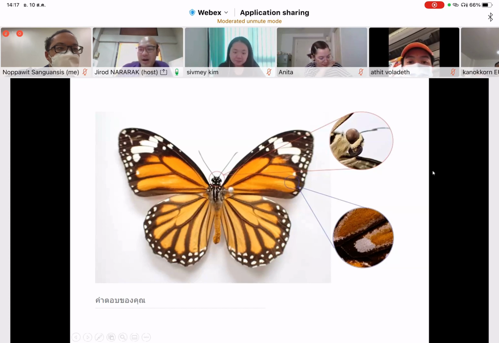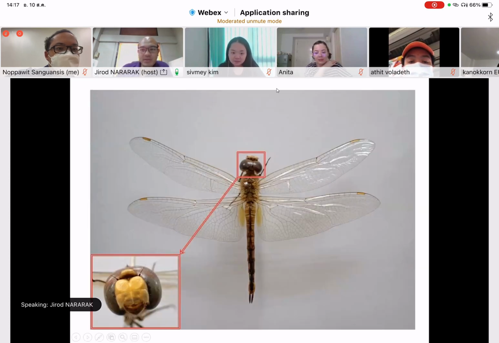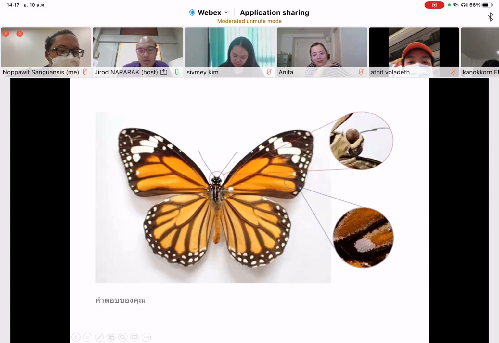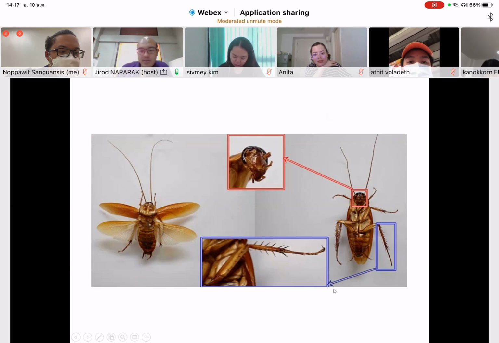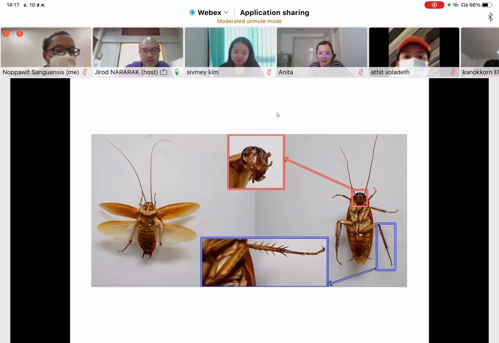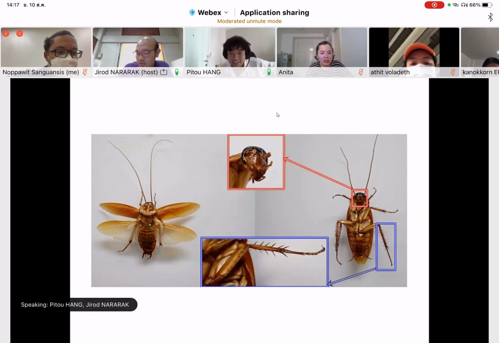Okay, for the next one, P2, what is the order? What insect is this? Is it a cockroach, Ajahn? Yeah, it's a cockroach, that's the common name.